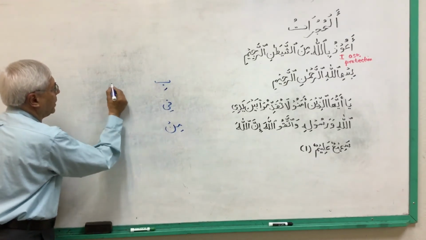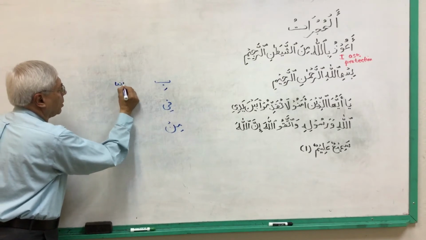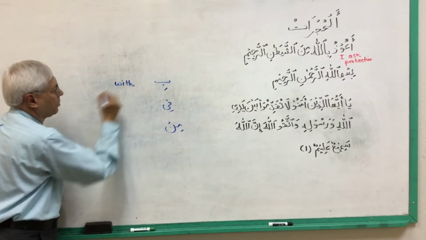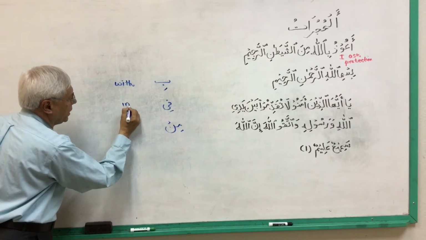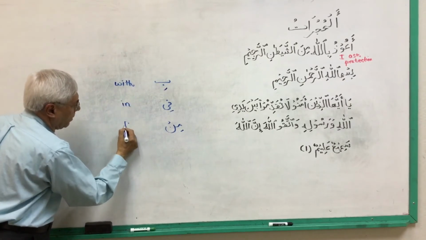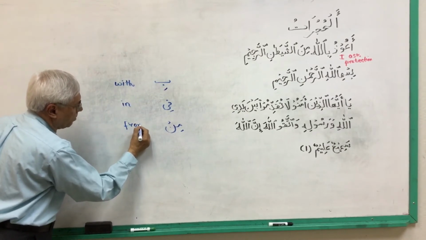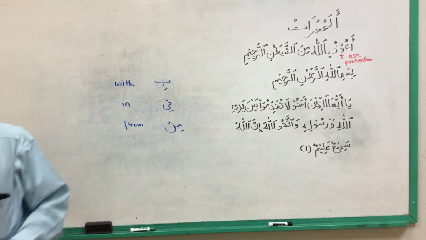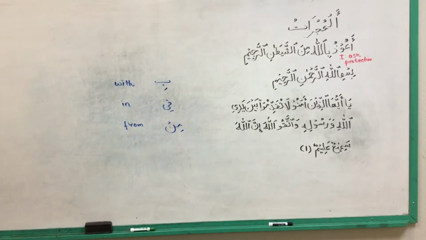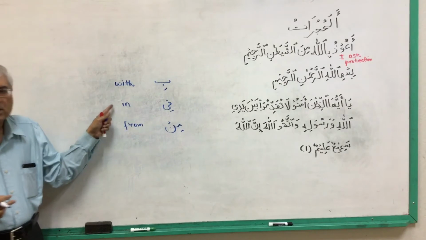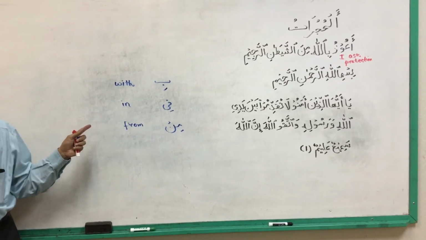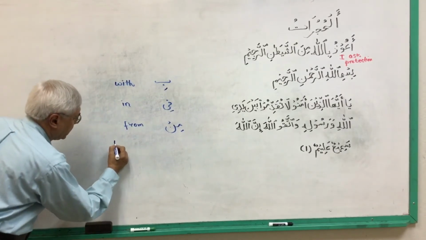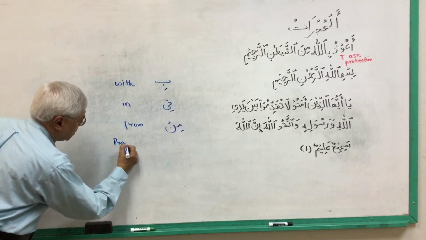This word bi means with, fi means in, and min means from. These are the meanings of these, and there are a few more. Okay. In English, these are called prepositions.